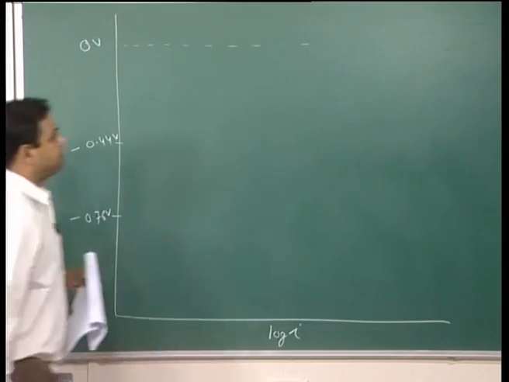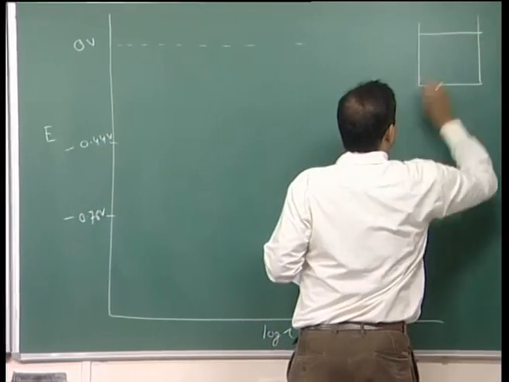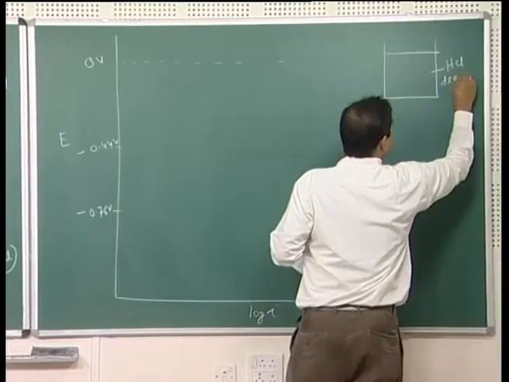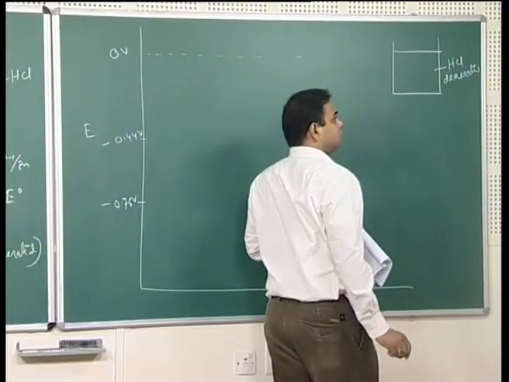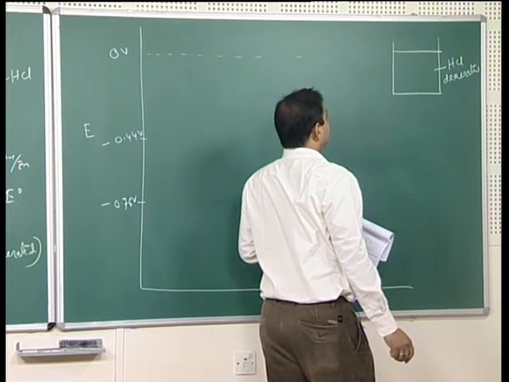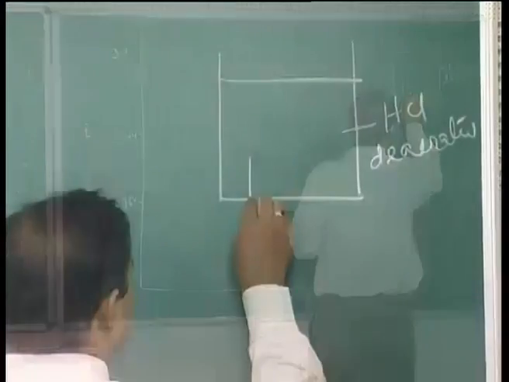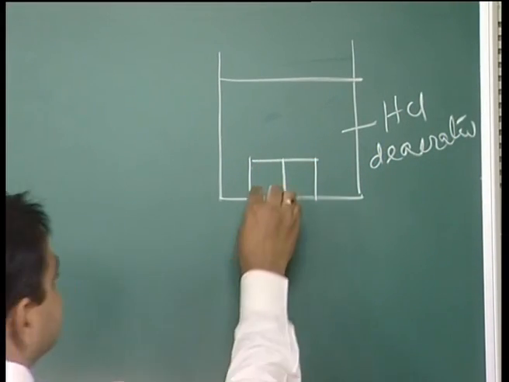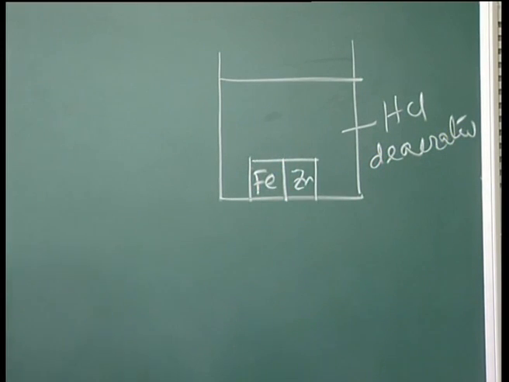Now, here the experiment is this: you have a beaker with HCl which is deaerated, and also very pure, you do not have any other ions in it. In that case you have a block with the same area fraction, and this is iron, this is zinc, both galvanically coupled.